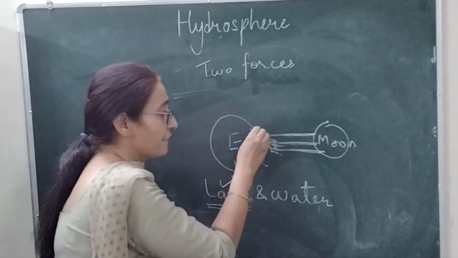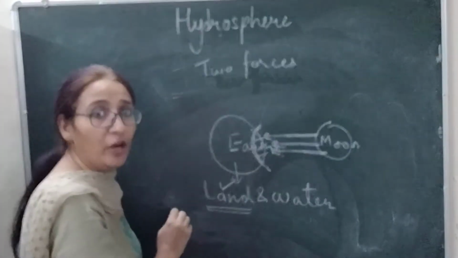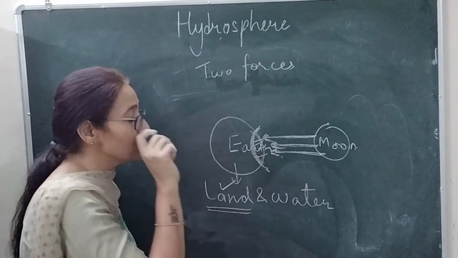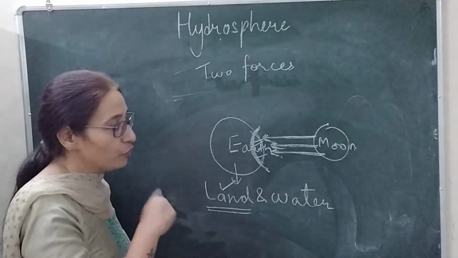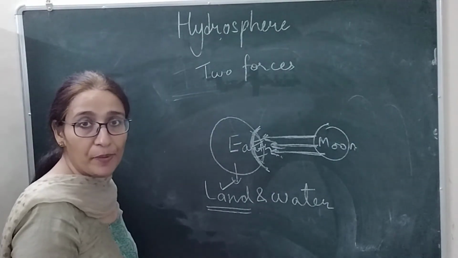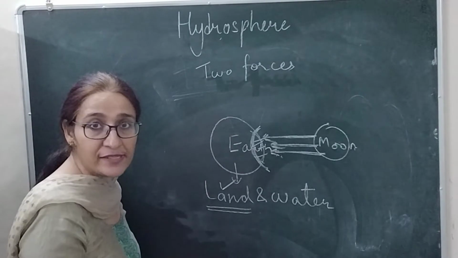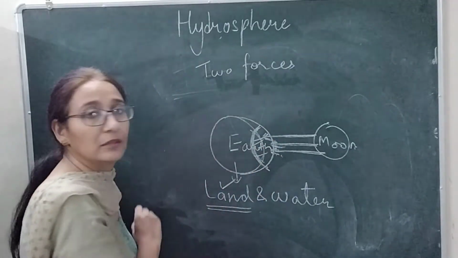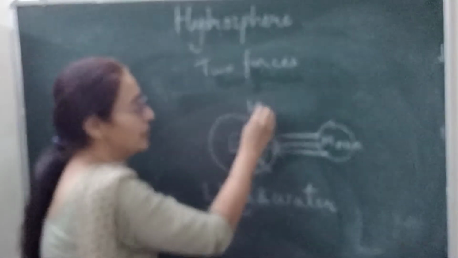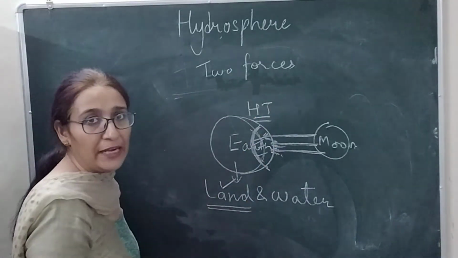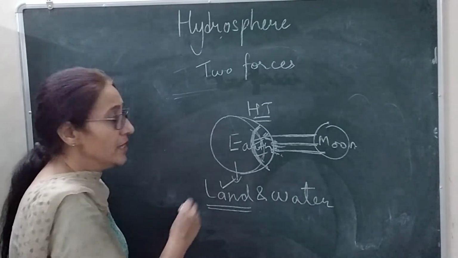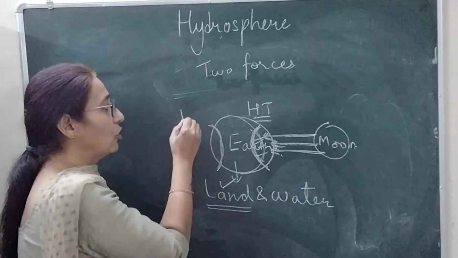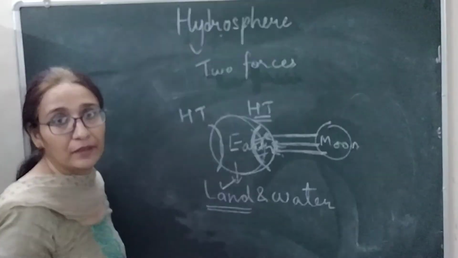But if we talk about the water bodies present here, due to the gravitational force of the Moon, the water level goes up, the water level rises, and this side of the Earth bulges. So high tide will be formed on this side of the Earth. At the same time, this side of the Earth also experiences high tide.